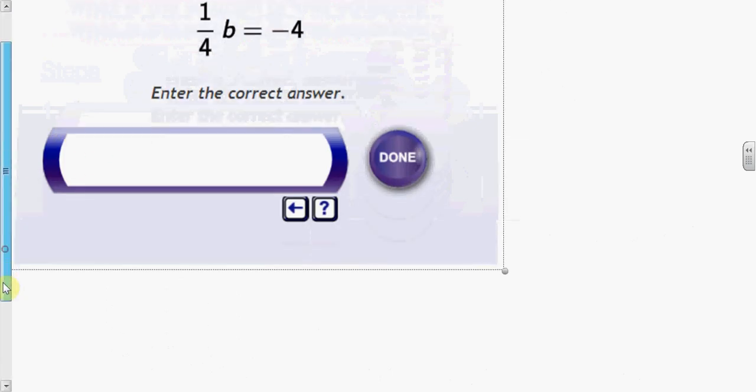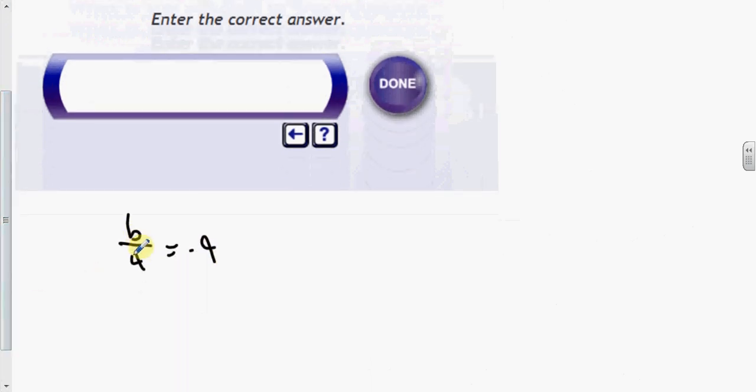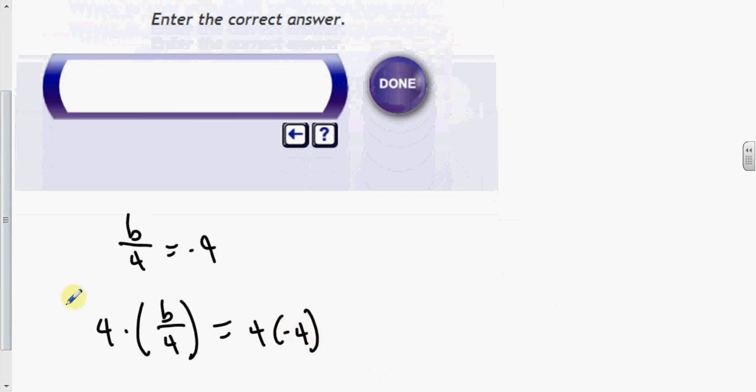Again, the same idea. This is b over 4 is equal to negative 4. So b divided by 4, I'm going to multiply both sides by this 4. 4 times b over 4 is equal to 4 times negative 4.